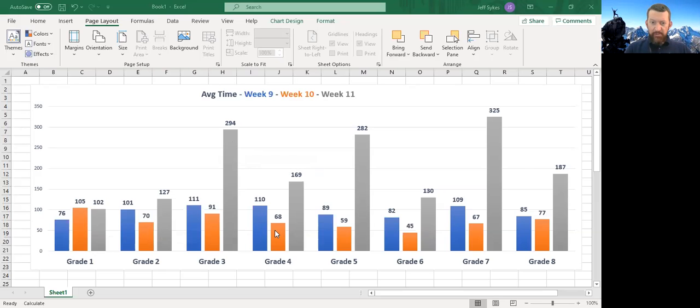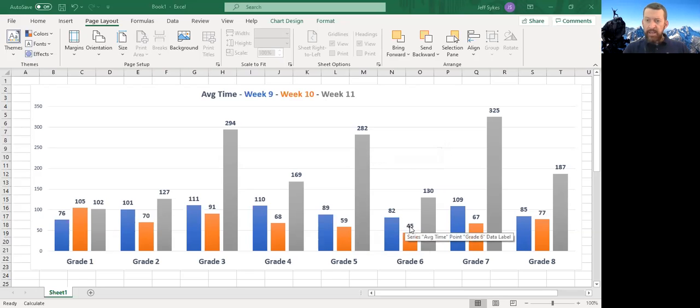If we look at grade 4 right here, we see that after a small dip from week 9 to 10, they have nearly doubled their average amount of time in ExactPath. Look at grade 5, nearly 500%, 5 times the amount of average time that they're spending in ExactPath. We can see that's a 4 times, clearly 400% growth in the average time being spent.